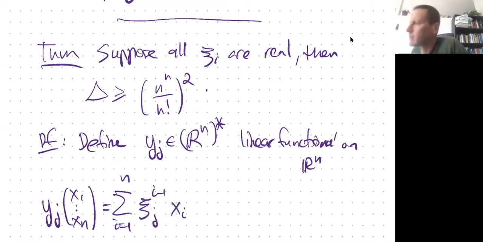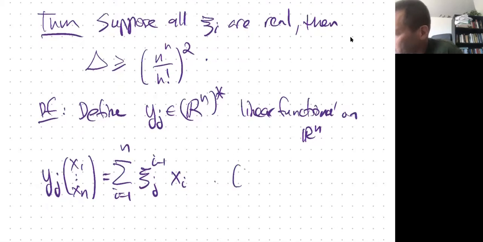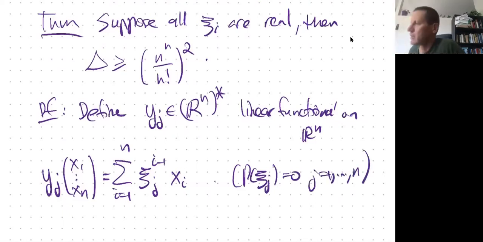I take the Xi's and I raise Cj to the power 0, 1, 2, etc. And those are the coefficients of my linear form. And the Cj's are the roots as we had before.